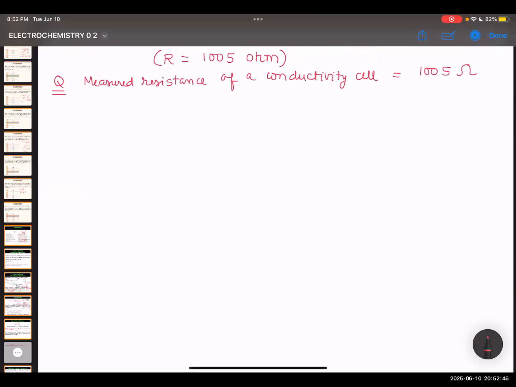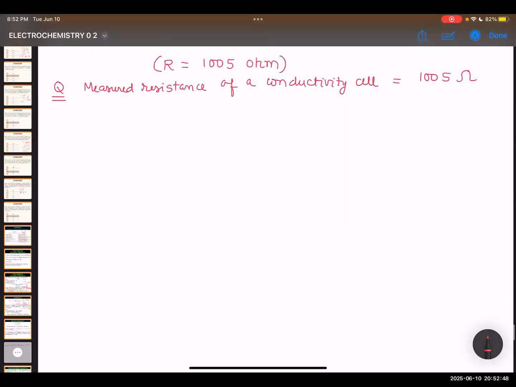This is basically the resistance, and they are asking about the specific conductance.